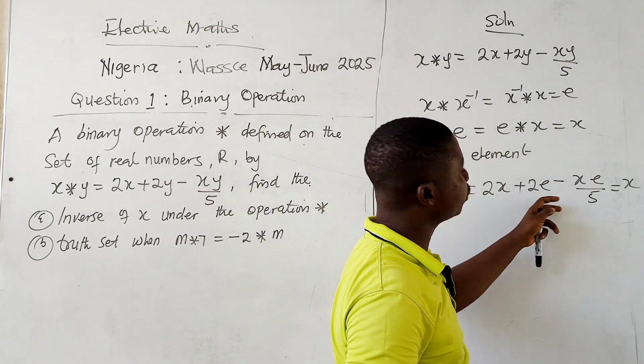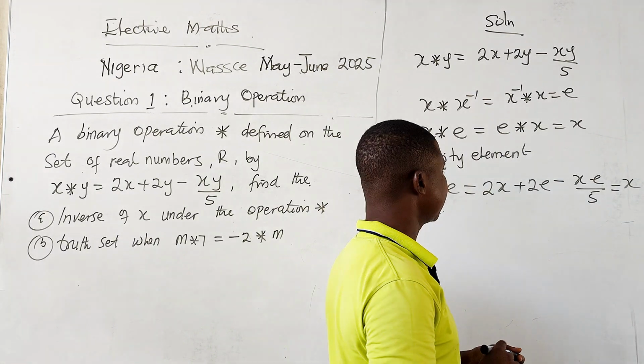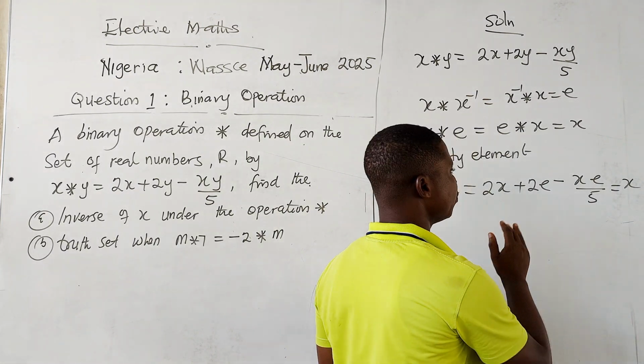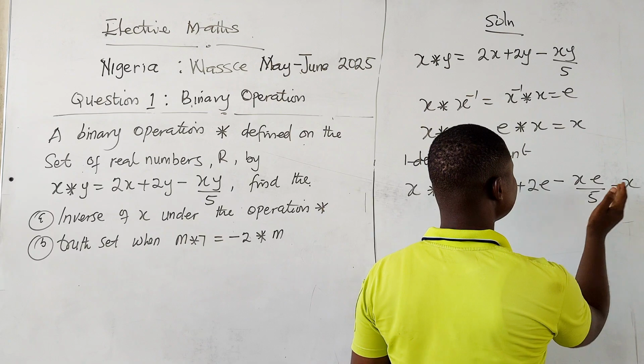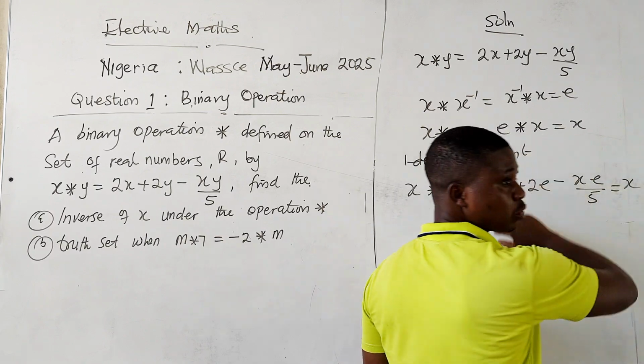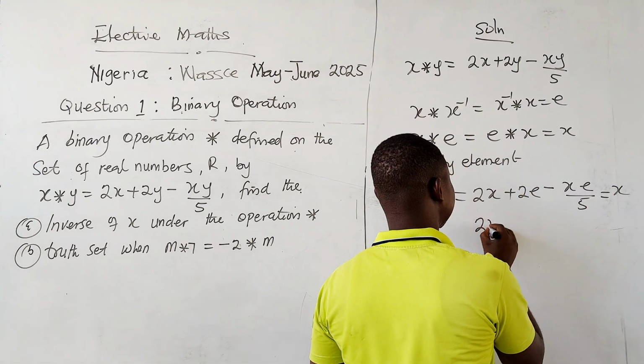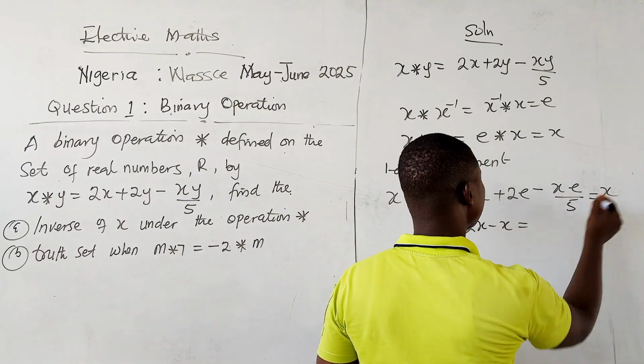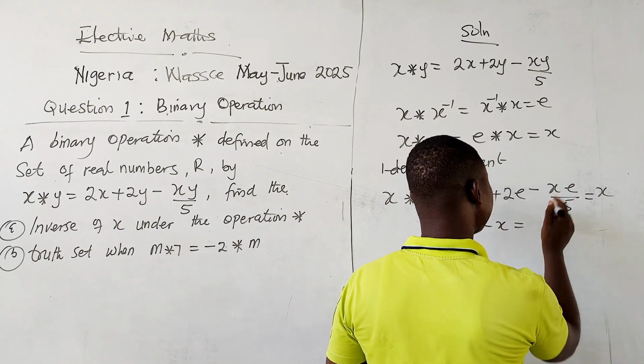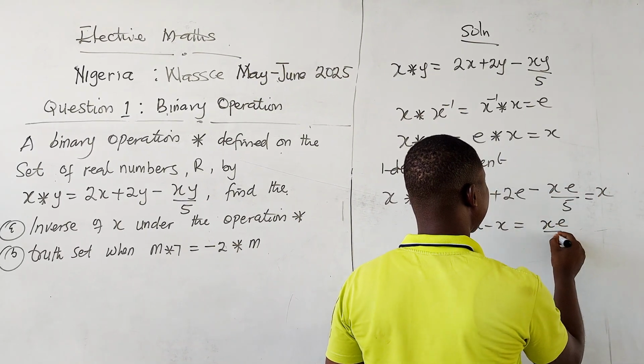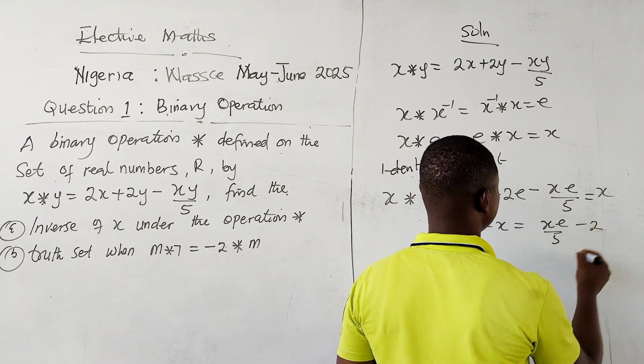So it means that here we should make the identity element the subject. So if we want to do that, we can send this one here, and this one will come here. So we can have 2x minus x is equal to xe over 5 minus 2e.